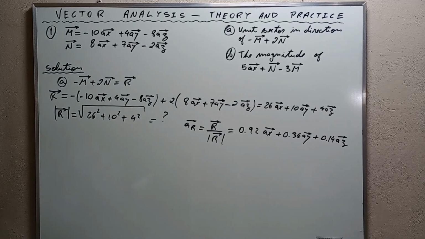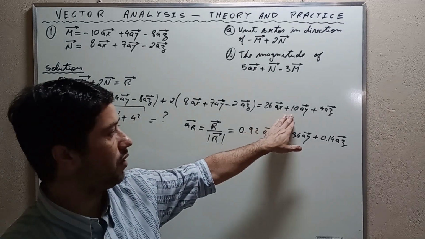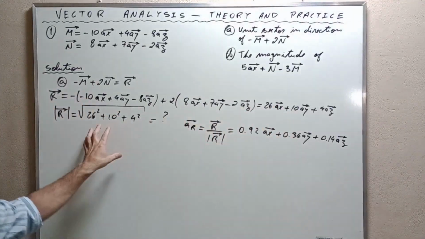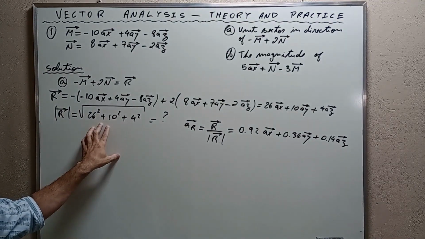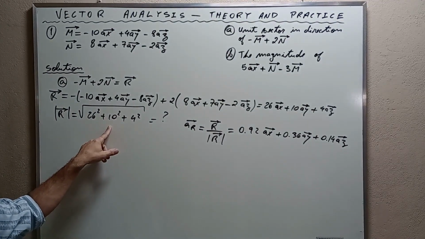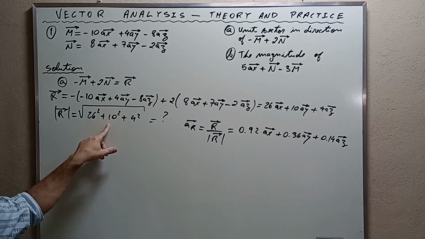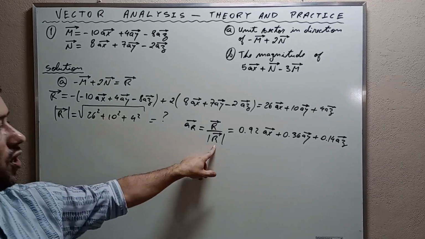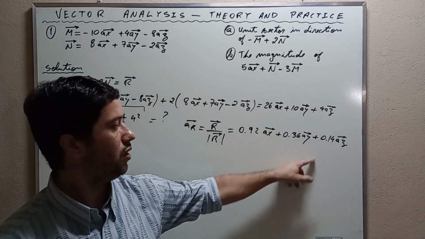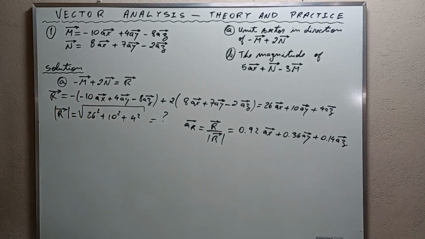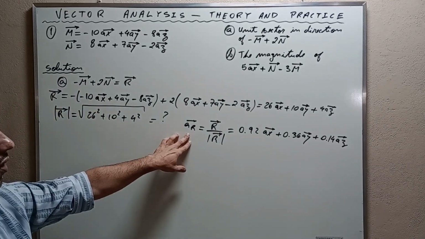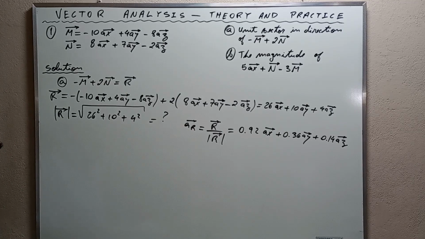Alright? You simply take this and divide by the number that you find here. I'm going to let you calculate this. You're going to find a number, you use the number here, and then you're going to find this unit vector, and this is the solution of letter A.